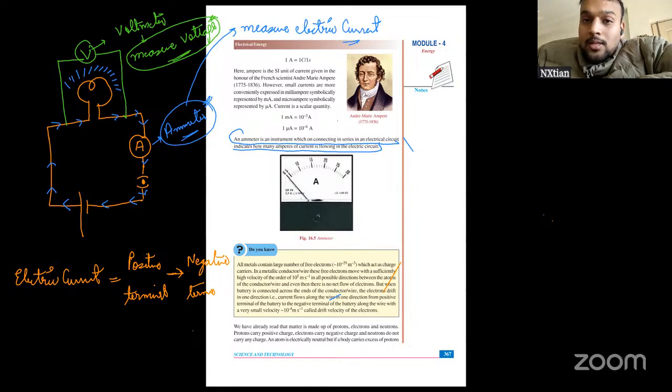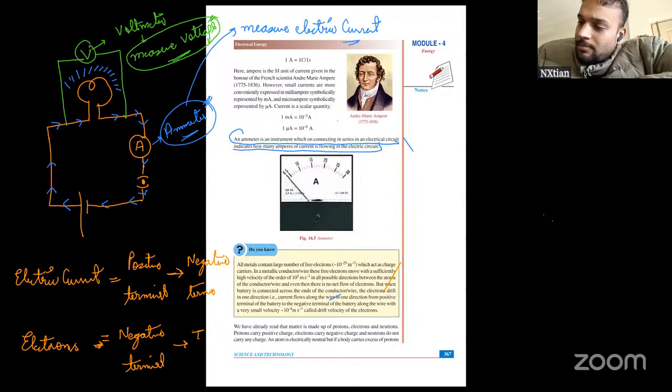Yes or no? Okay. But here is a catch. The electrons move from the negative terminal to the positive terminal.